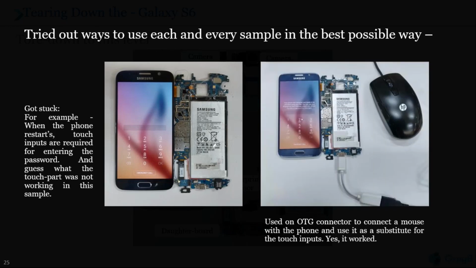We used a mouse, connected it through an OTG cable, and we were able to bypass the touch screen and operate the smartphone basically. So these are a few of the problems which sometimes you come across completely unexpected, and sometimes creative solutions help us address those things.